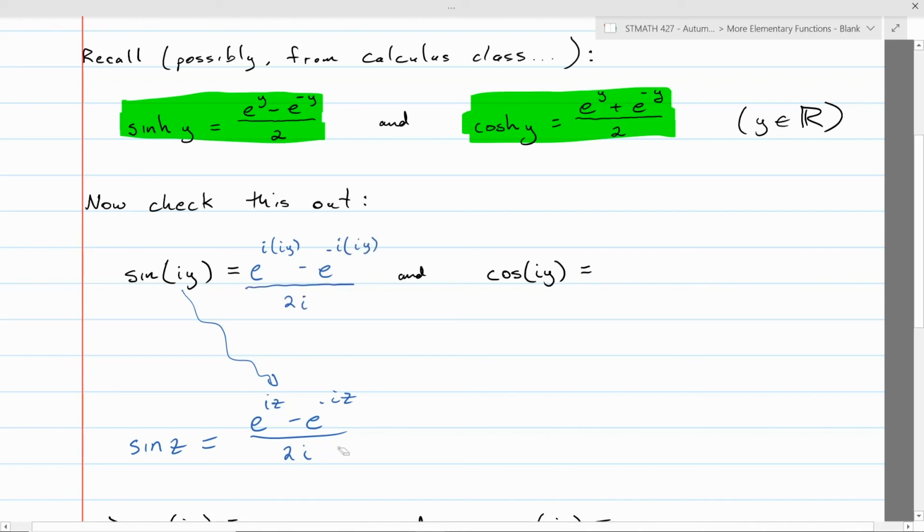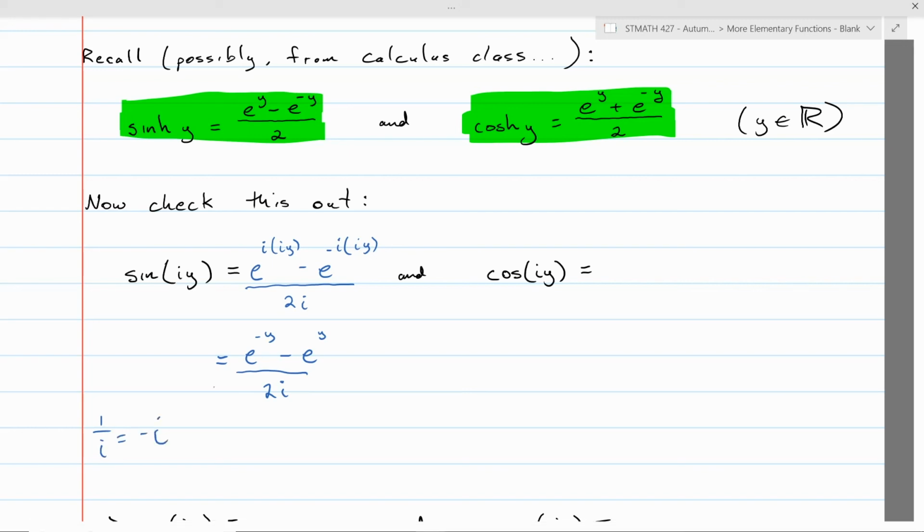So what do you get? How does that simplify out? Well, the i's you multiply together and you get e to the negative y minus e to the positive y over 2i. But one thing to remind you of, 1 over i, you can write that as negative i.